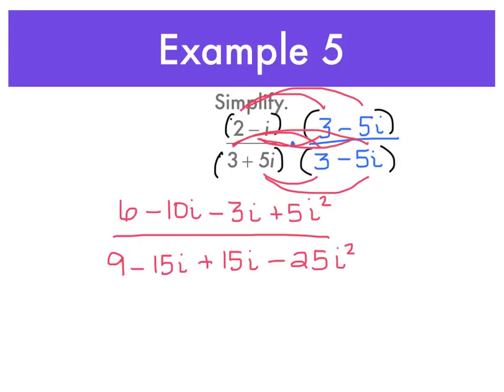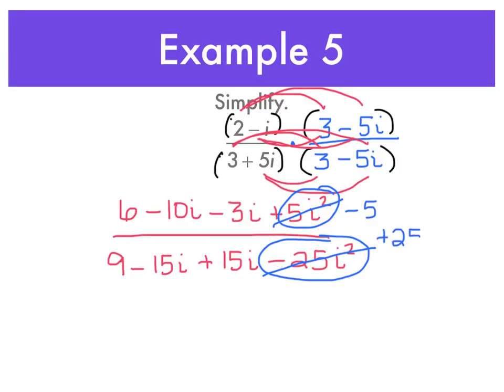Okay, plus 5i squared, that's really like a negative 5, okay, because i squared is really negative 1. Negative 25i squared is really like a plus 25, because negative 25 times negative 1 makes positive 25.